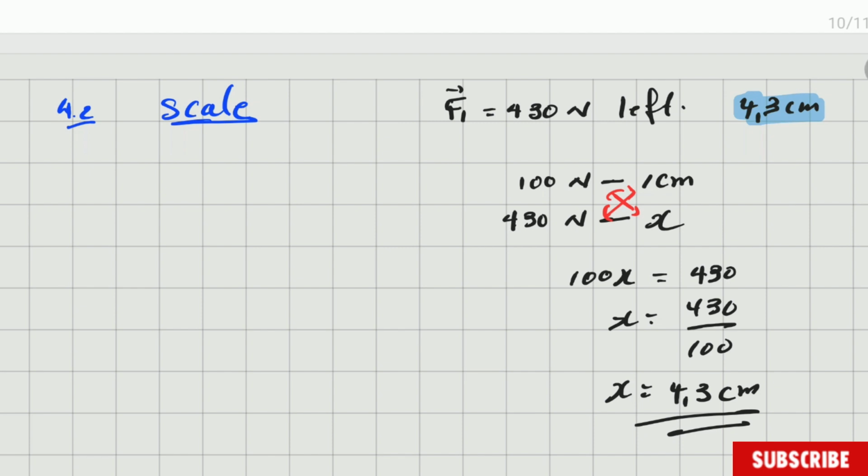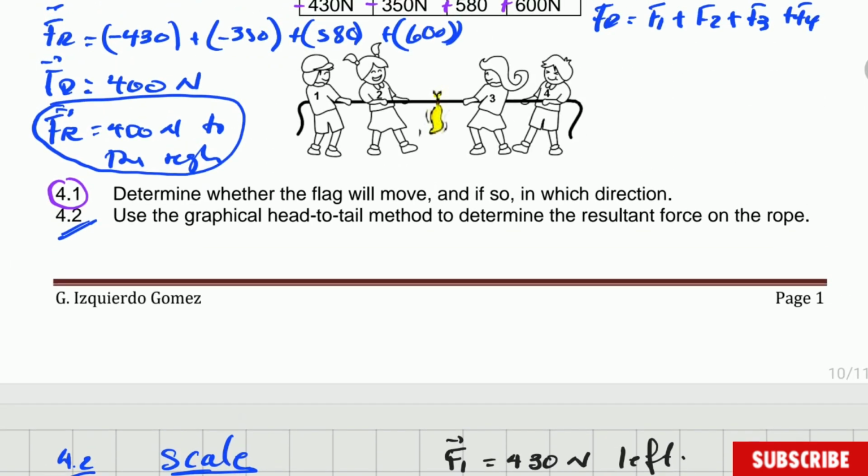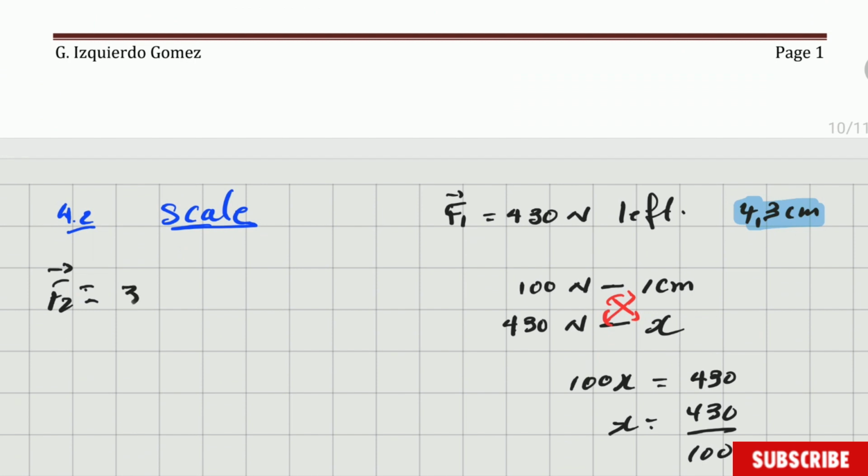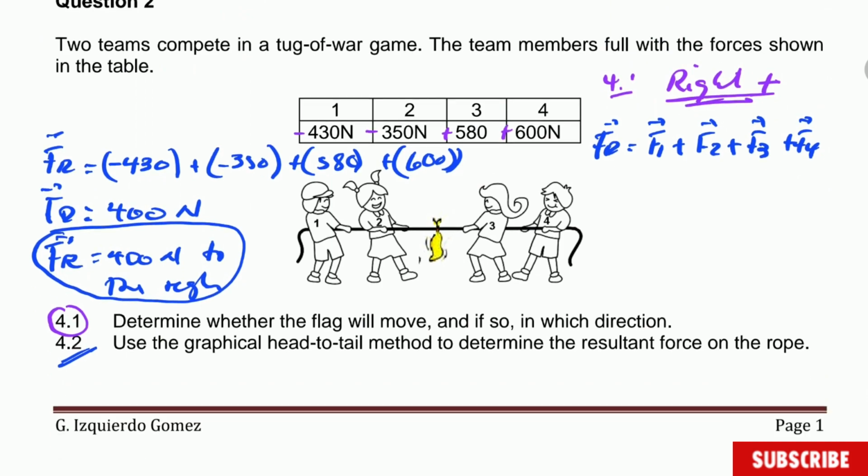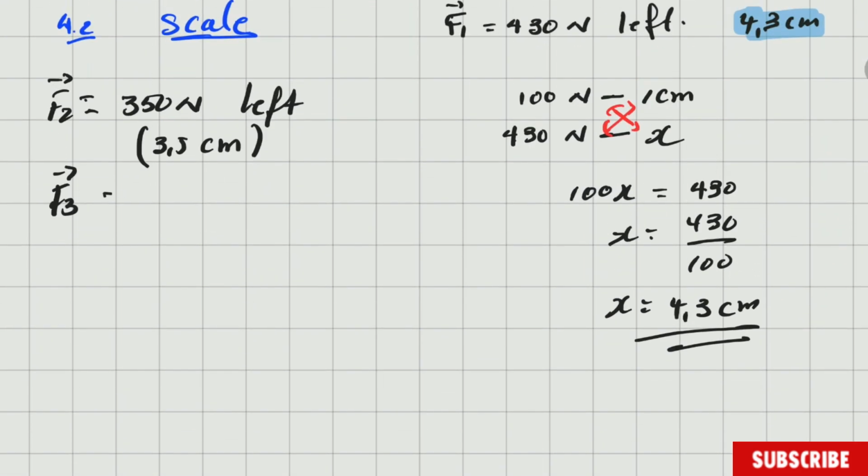If we go to F2, the second force, we go to the table: it is 350 Newton, to the left as well, and this one will be 3.5 centimeters. F3 was 580 Newton to the right, and when you convert to centimeters, it is 5.8 centimeters.